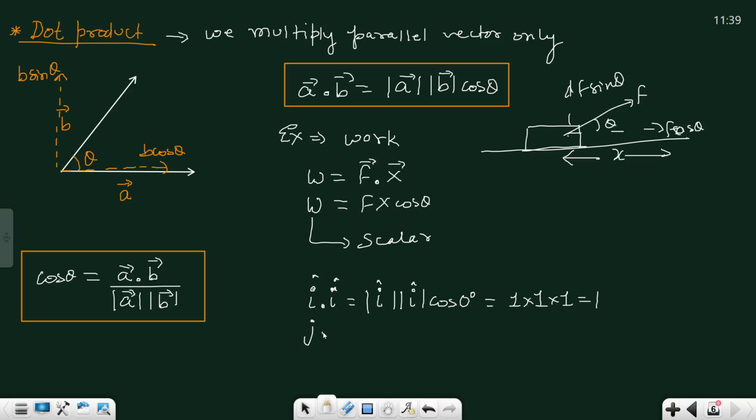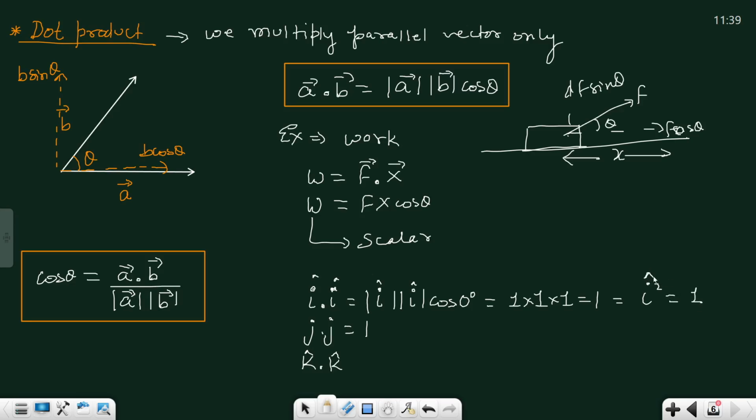J dot J is also 1. K dot K is 1. Can we take it as I squared? Yes, you can write it the same as I squared, so it will have a magnitude of 1.